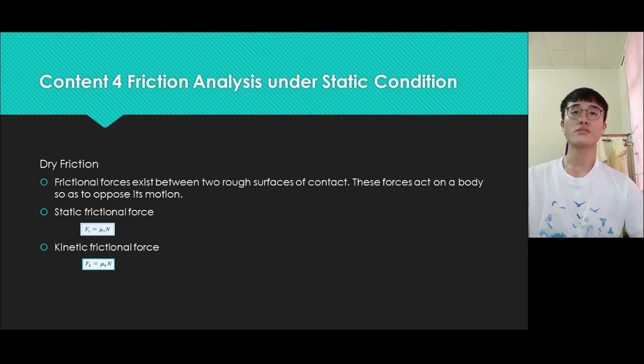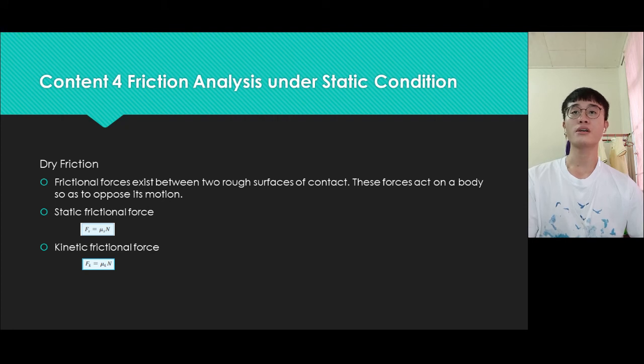There are two frictional forces, which are static and kinetic frictional forces. Static frictional force is the friction that exists between the object and the surface when the object is at rest, while kinetic frictional force is the friction between the surface and the object which is moving.